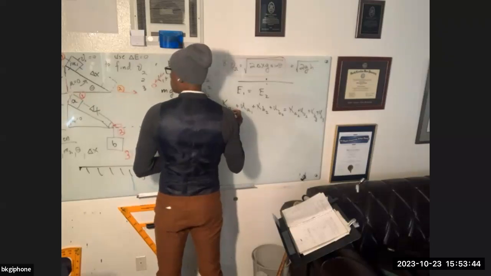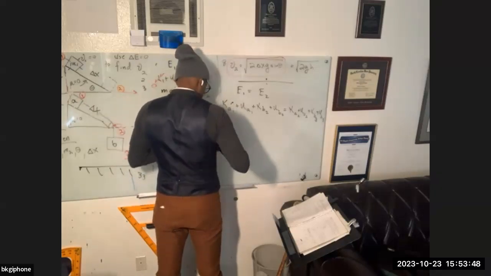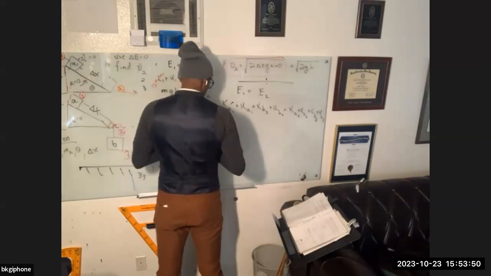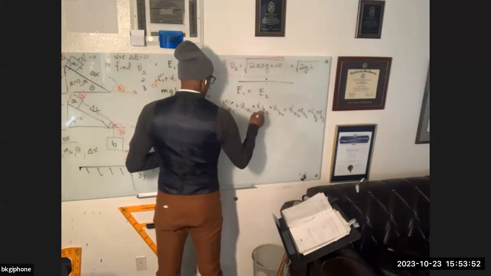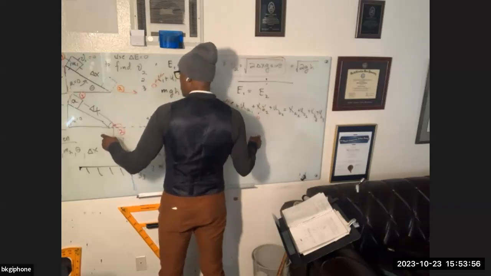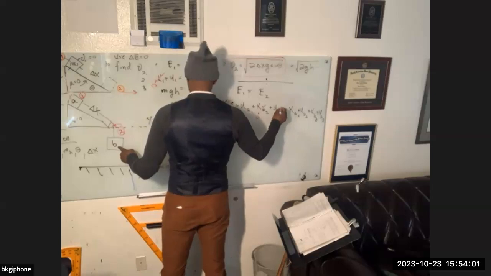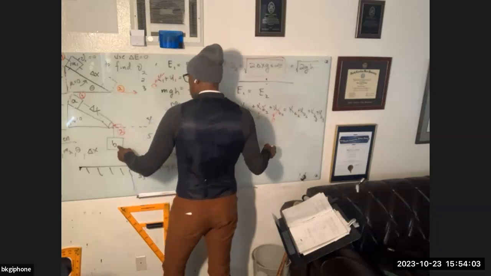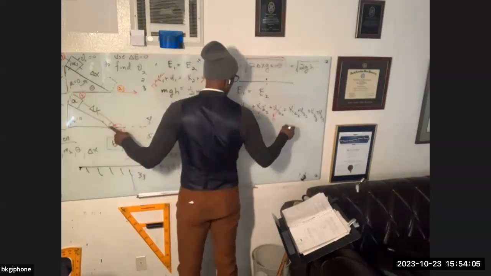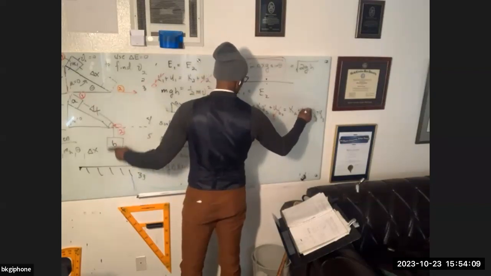So A1 goes out at 0 kinetic energy, and B2 kinetic energy is 0. Now the potential energy is also 0 here for this one, and the potential energy for block A is 0 here.